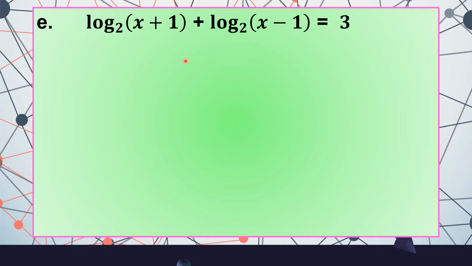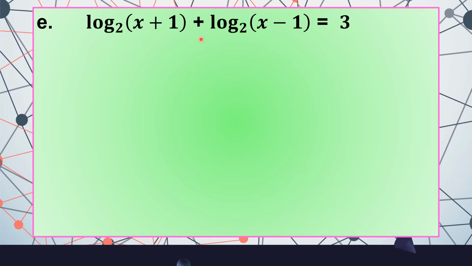And solving single logarithm, we rewrite it into exponential form. So let's rewrite now logarithm of x plus 1 with base 2 plus logarithm of x minus 1 with base 2 equals 3 into single logarithm.